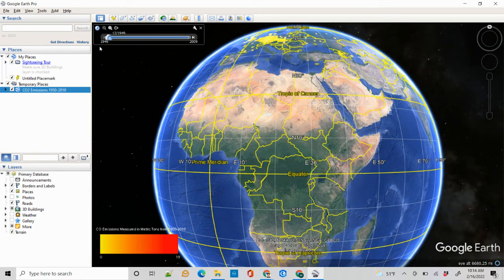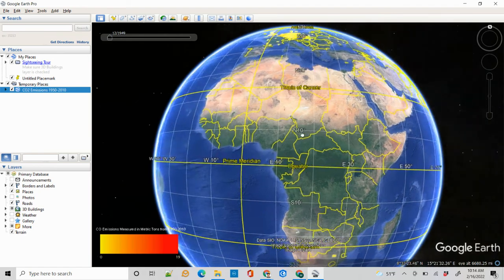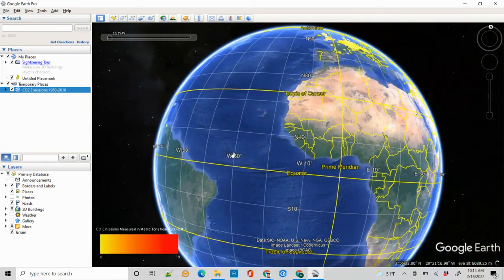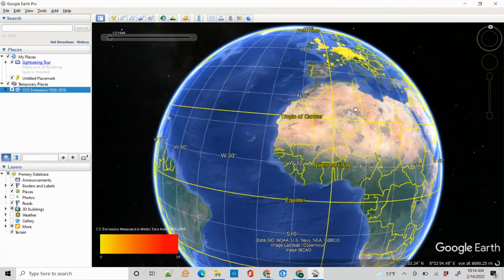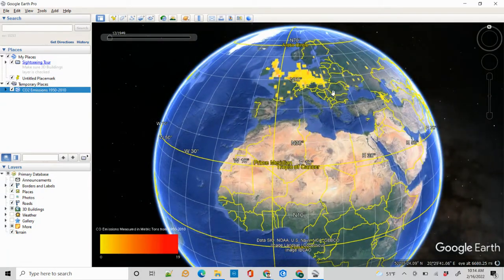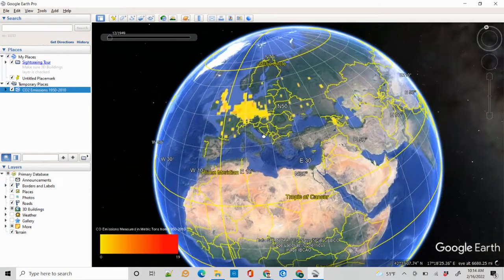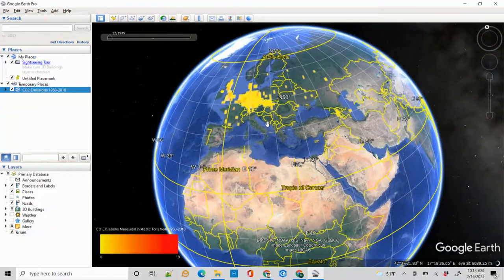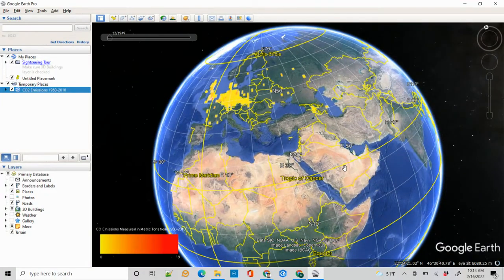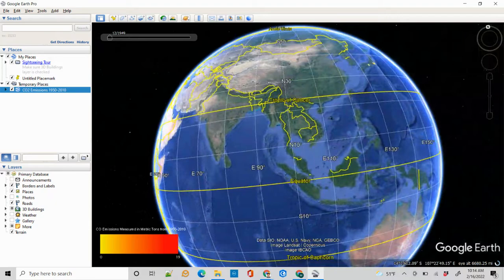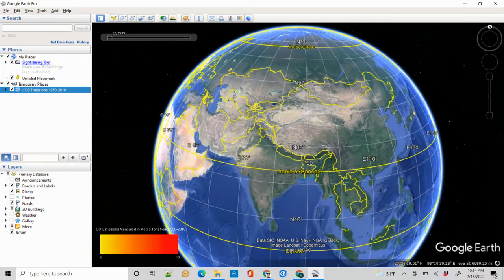So if you look at 1950, there's data from 1949 to 2009. If you look at the whole world, you see there are some activities in here. I don't know what the country is. Let's move forward and see there are no activities in this region, China, India, and Bangladesh.